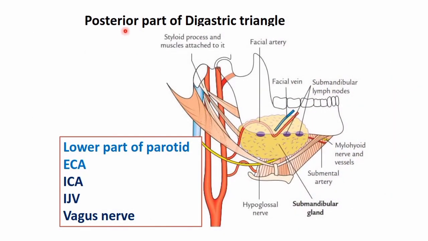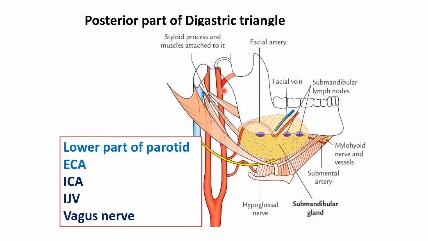Now coming to the posterior part of the digastric triangle. What are the posterior part contents? As I told you, there is a small line. If you draw an imaginary line at the level of the gonion, also called the angle of mandible, to the mastoid process, what are the main structures present in this particular area?